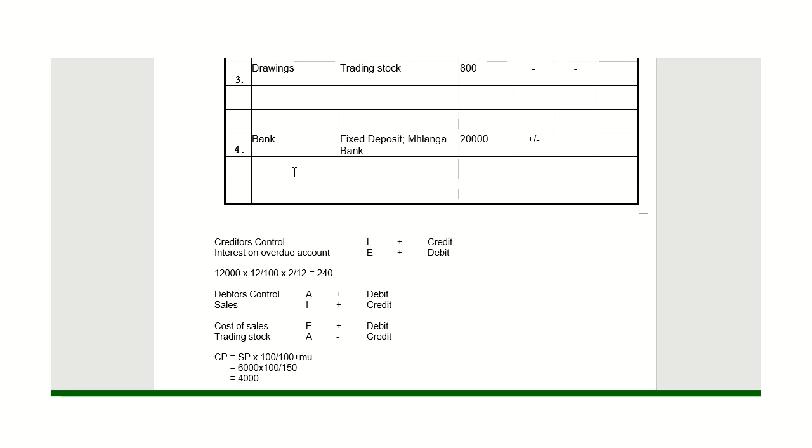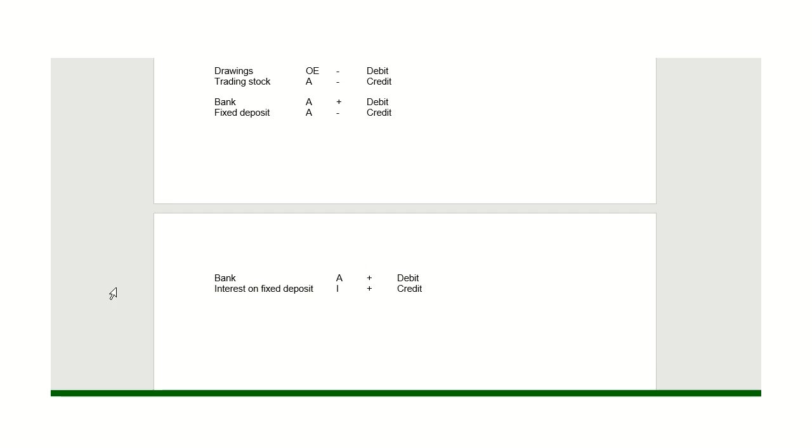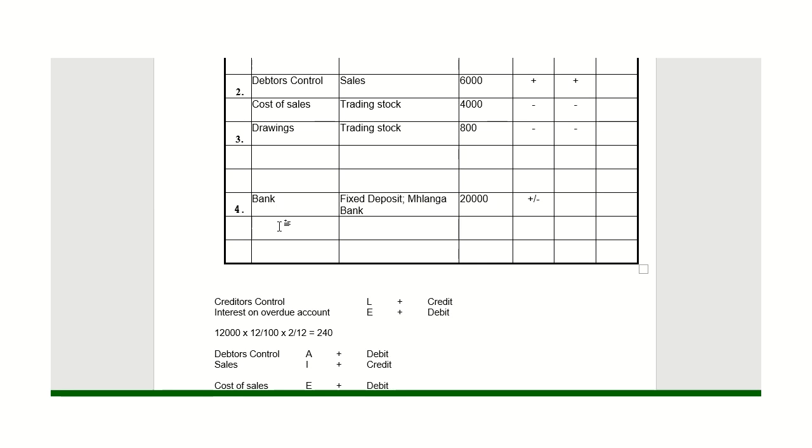Second bit, bank debit, interest on fixed deposit credit. Bank in the debit column, interest on fixed deposit in the credit column. With this one, with the interest, I don't put a bank name in. All the interest goes into the same one. So the interest would be the difference between what they pay, 22,500, and the fixed deposit, 20,000.